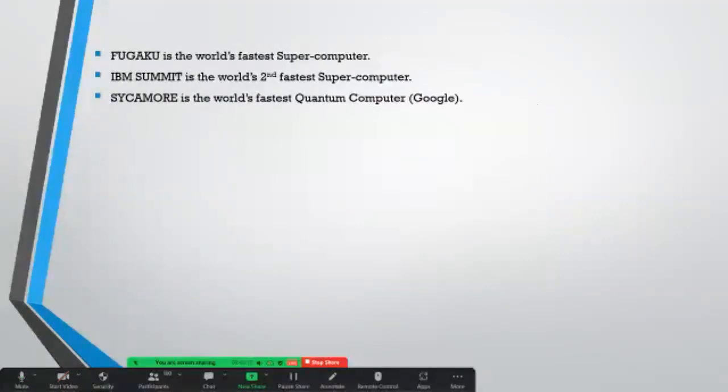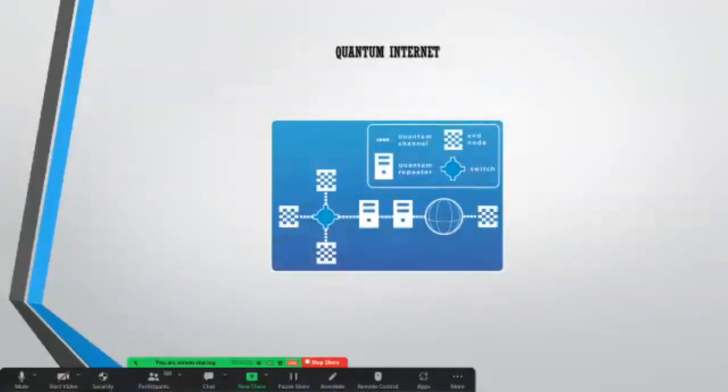Now we have to understand how the quantum internet will work. Quantum internet is sending quantum signals back and forth using photons through fiber optic cables. Right now we have a lot of fiber optic cables attached everywhere.